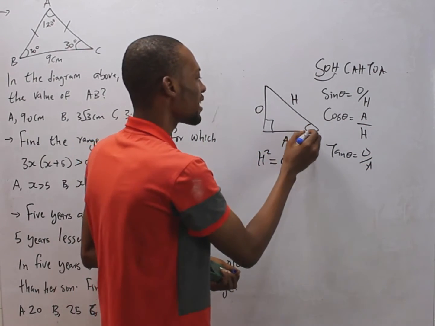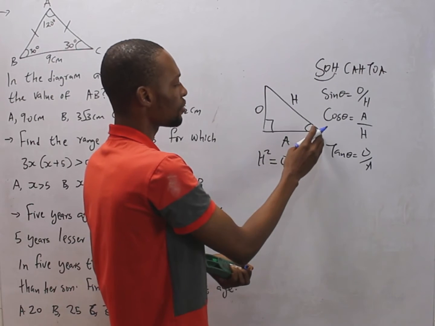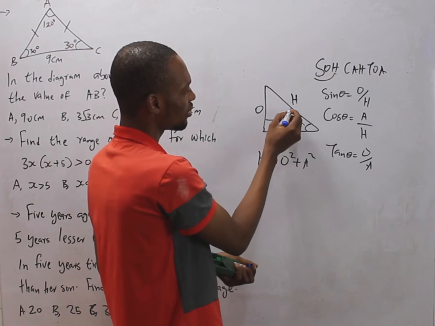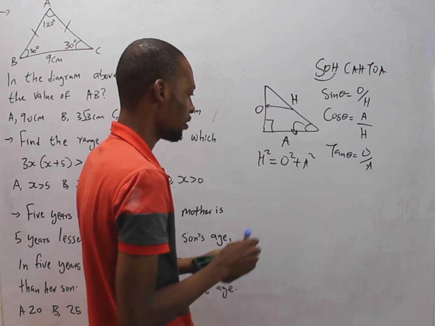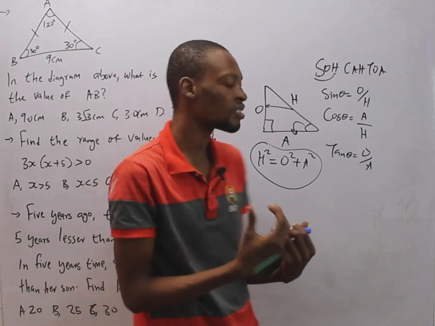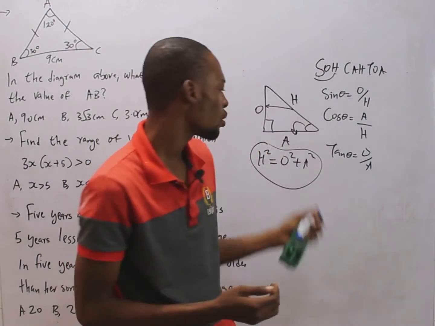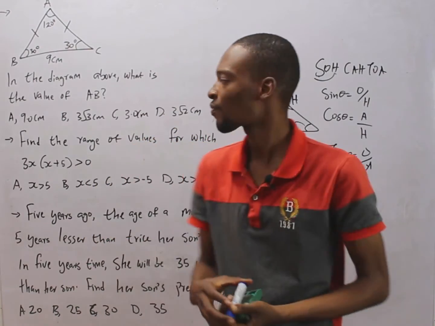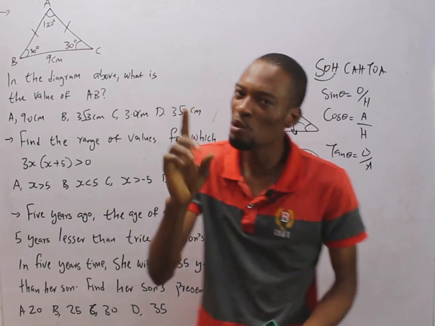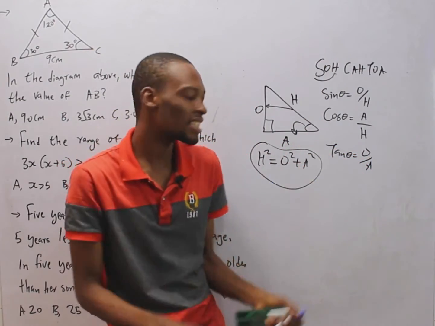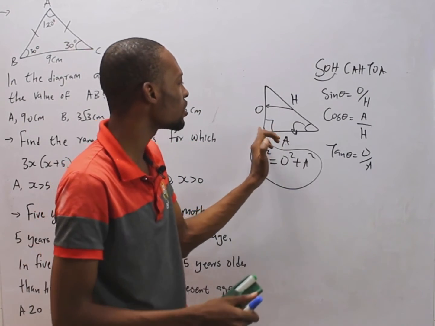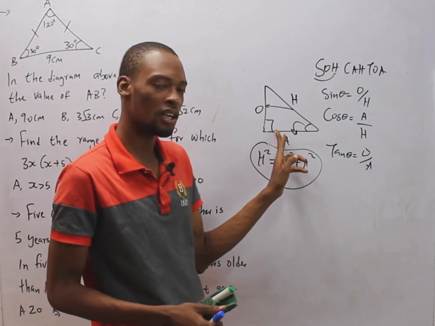The longest side of a right-angled triangle is the hypotenuse, while this side is the adjacent, and there is the opposite. And this is Pythagoras theorem. The square of the hypotenuse equals the square of the opposite plus the square of the adjacent. Pythagoras theorem applies only to a right-angled triangle. And like I said, a right-angled triangle is a triangle in which one of the angles is 90 degrees, or a right angle.